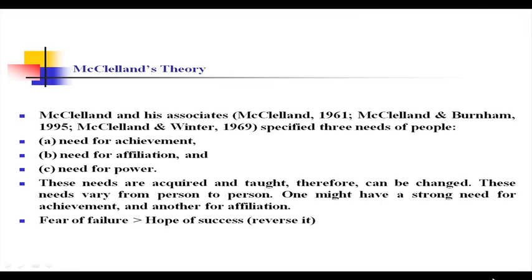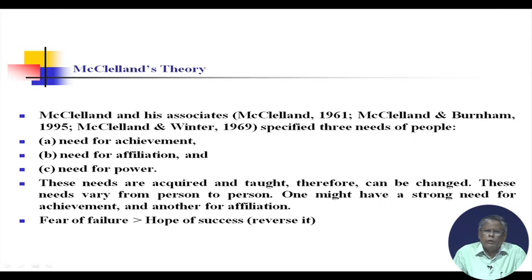Similarly, McClelland's need theory speaks about three types of needs: the need for achievement, which is a desire to do something better compared to the past; the need for affiliation, the desire to establish relationships; and the need for power, the ability of the individual to exert influence on others.